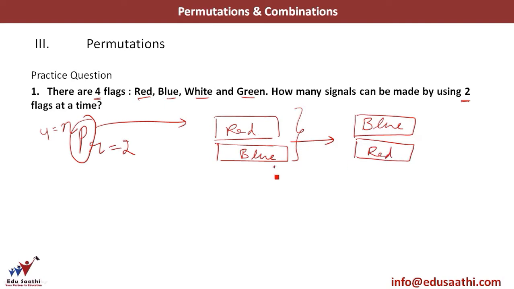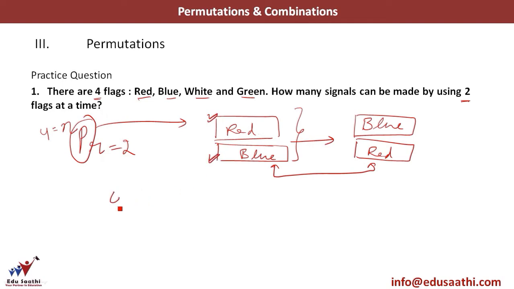So these 2 signals are different, though I have the same 2 flags, red and blue, but which one is on top and which one is below are 2 different cases here. That is why this P occurs. So I hope everything in this formula is clear. n is equal to 4, r is equal to 2, because n is the total number of flags, r is the number of flags we want to select, and P is there because arrangement matters, which flag is on top and which flag is on the bottom.